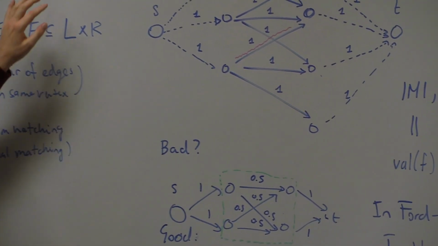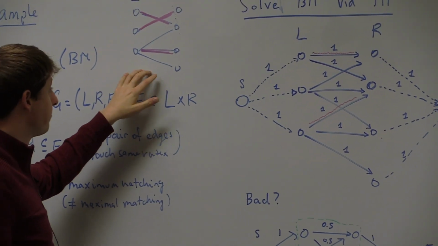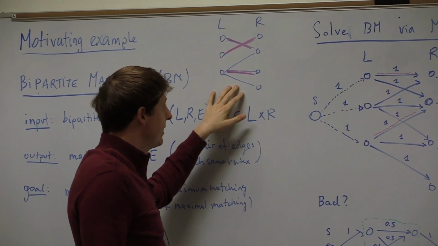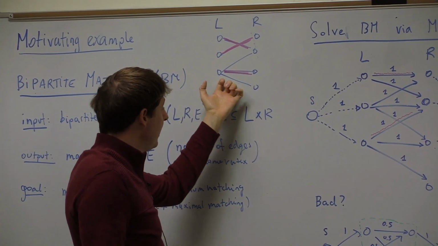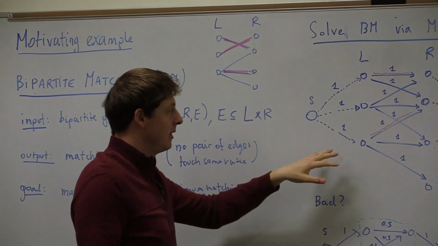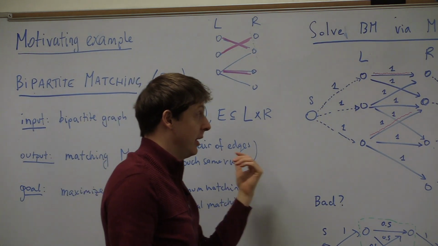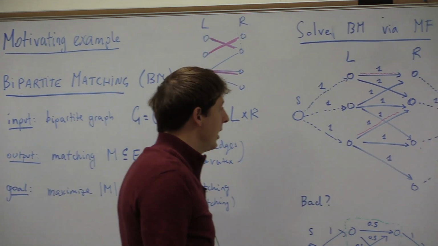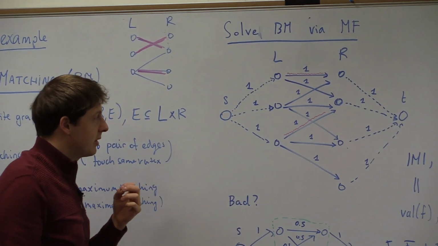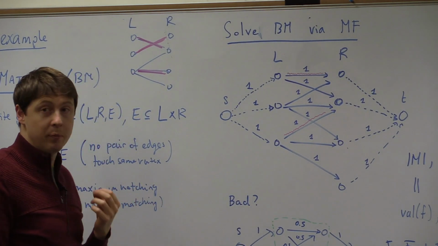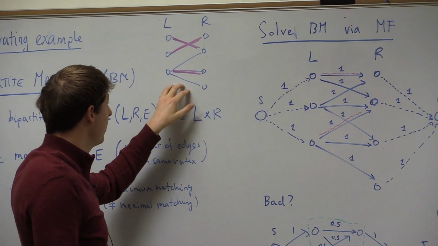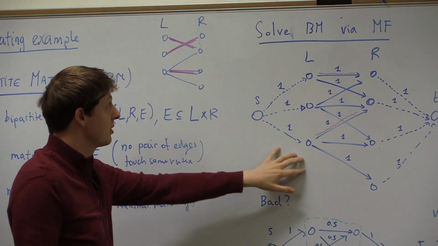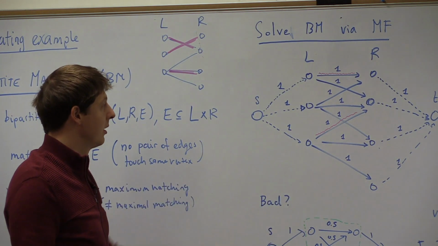We got an instance, a bipartite graph, and somehow we embedded solving the problem into something that a priori looks very different, like networks. These are directed graphs, they have capacities. This is what we're going to call pre-processing. We pre-process the instance from an instance of bipartite matching to an instance of max flow.